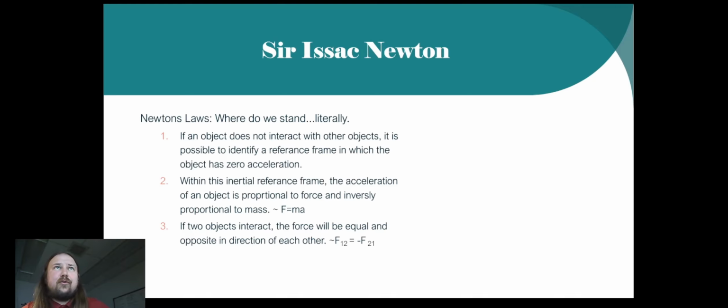It states that if two objects interact, the force F12 exerted on object 2 by object 1 is equal in magnitude but opposite in direction of the force F21 exerted by object 2 onto object 1. It's a little bit tough to get a handle on that, so I've just written down in here that the force will be equal but opposite in direction. I'm sure that's maybe how you've heard it in other books.